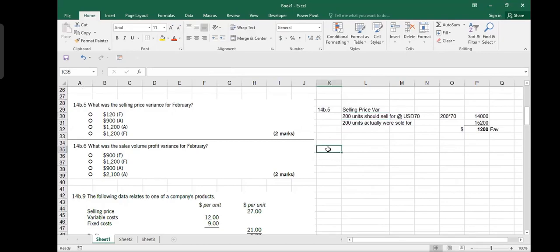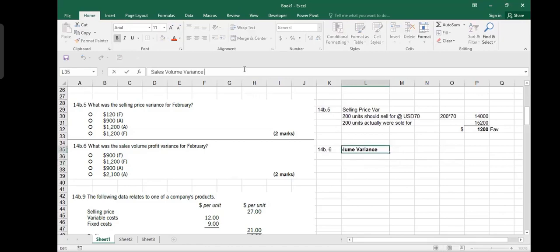Then you have 14B6. This is also from the same question. And now you have to find out sales volume variance. If you remember from the lecture, there is nothing as just sales volume variance. You have sales volume profit margin variance, or sales volume contribution margin variance.